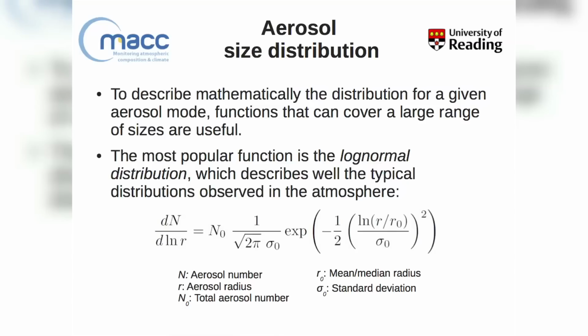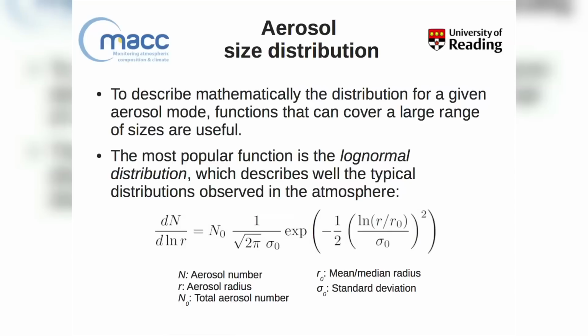You may hear, when you read about aerosols, about the modified gamma distribution or the Junge distribution. The most used in aerosol models currently is the log normal distribution, because it's been shown that it describes relatively well the typical distributions that we can observe in the atmosphere.